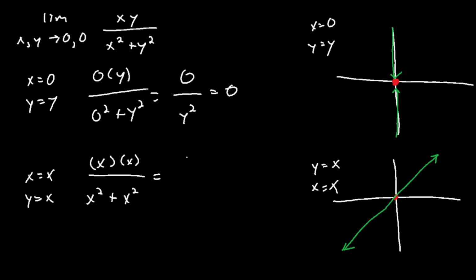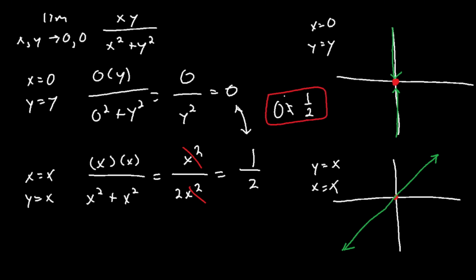So this turns into x to the power of 2 over 2 times x to the power of 2. You can factor out the x squares, and you get 1/2. Do you see these two answers here? These two answers are not equal to each other. Therefore, this limit does not exist.